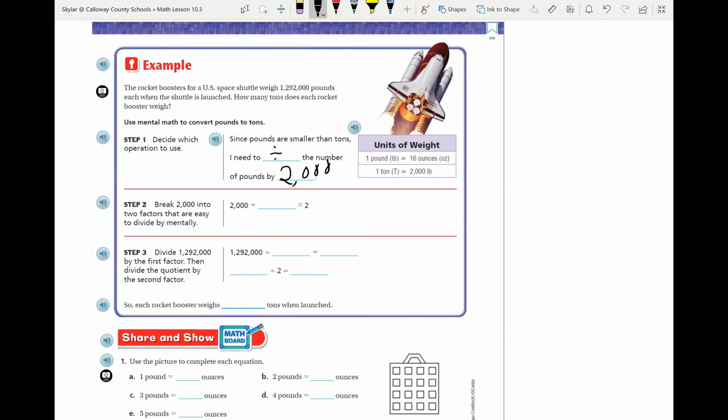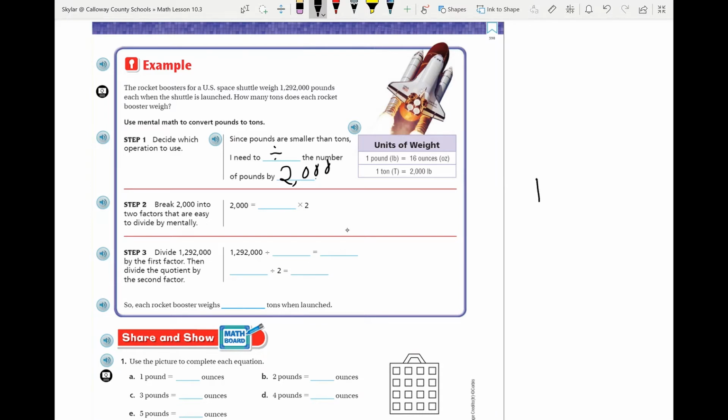So that is not going to be an issue. What we need to do now is divide our 292,000 by 2,000. So let's go ahead.